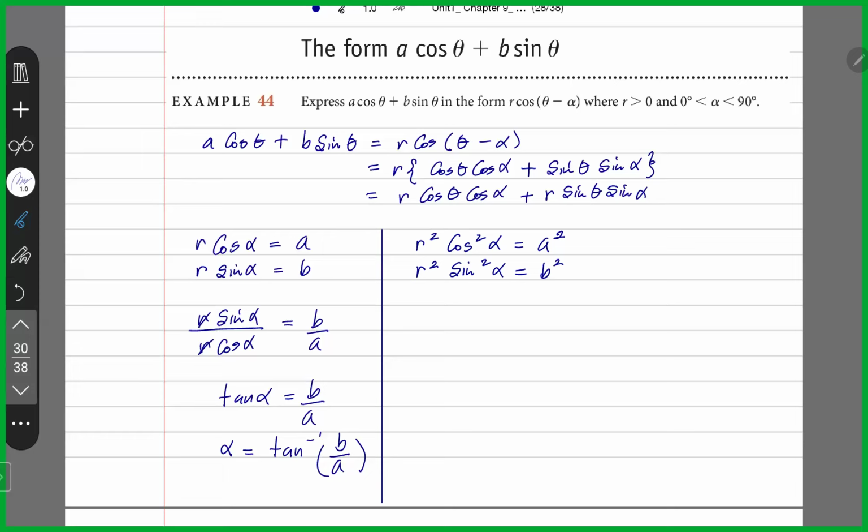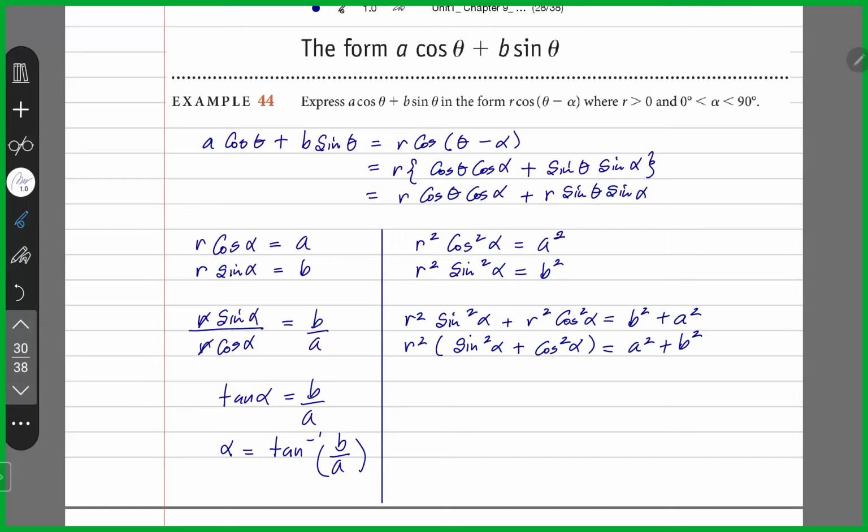Now, if I add both, I'm going to get R squared sine squared alpha plus R squared cos squared alpha is equal to B squared plus A squared. If I factor out R squared on the left, I'm going to get R squared (sine squared alpha plus cos squared alpha) is equal to A squared plus B squared.